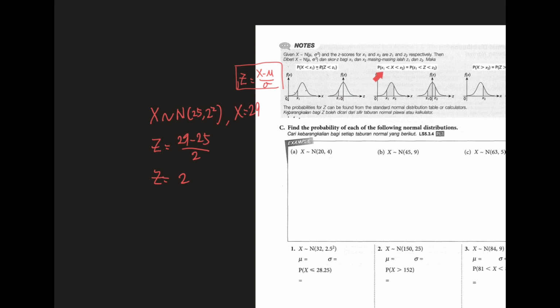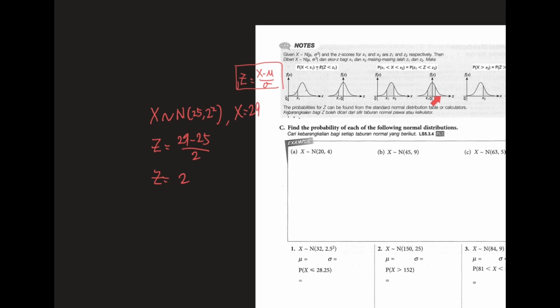Okay. Now they try to give another example. If you want to find the probability of x in between x1 and x2, which is this kind of shaded region between x1 and x2, what happens is, you have to use this formula to change it to z1 and z2. z1 is here, z2 is there, then you are finding the area in between z1 and z2 by using the table that I mentioned just now.